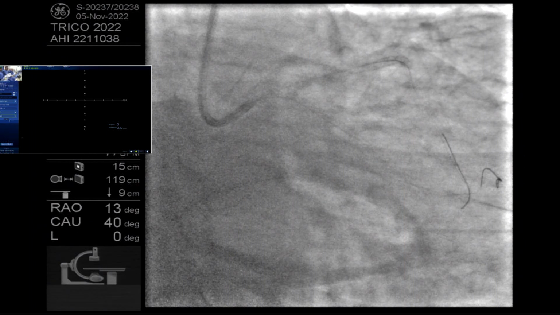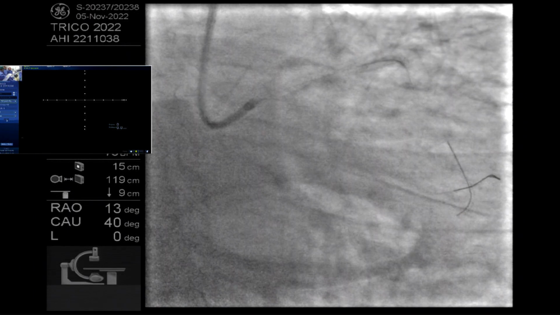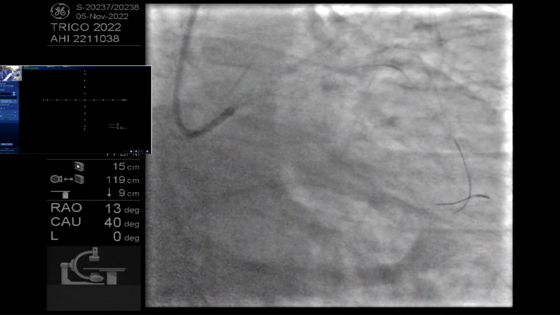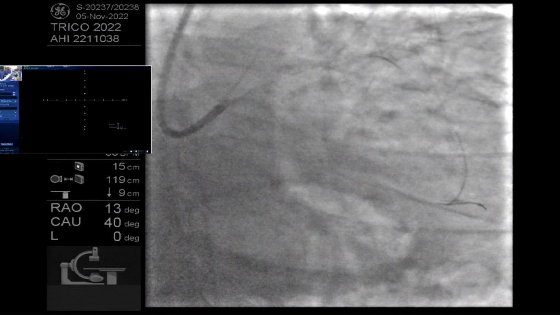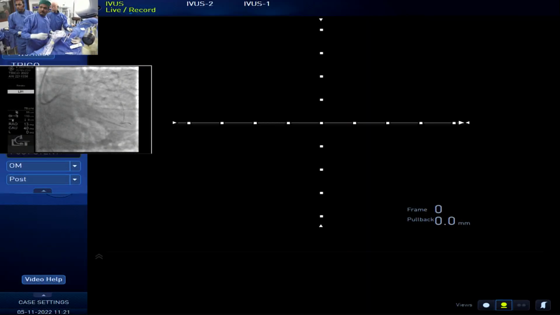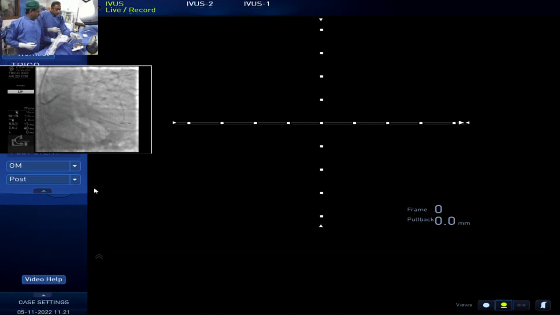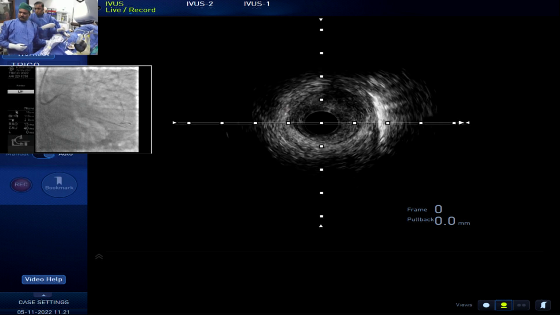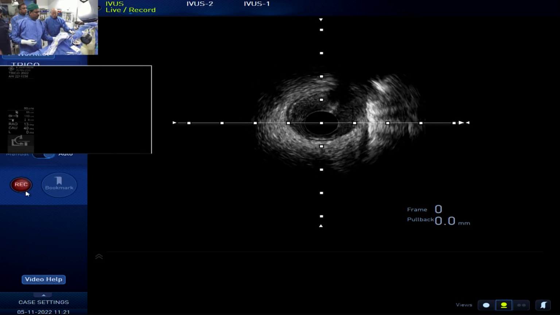Now Dr. Saito tried to do the IVUS after putting a stent to OM1, to confirm the results. Okay, start. This is distal to the stent.